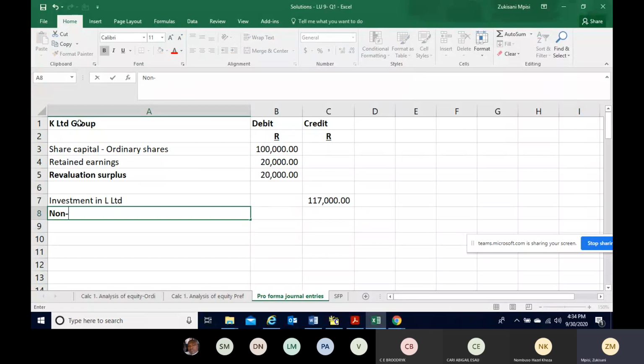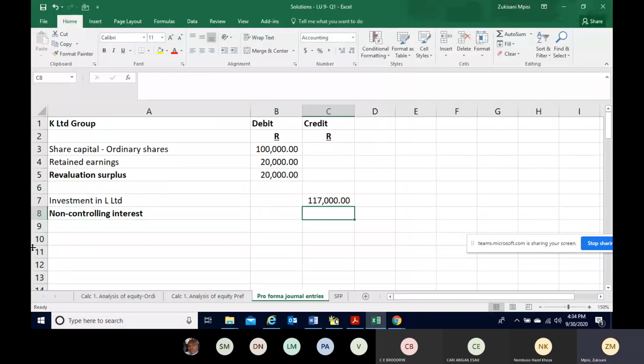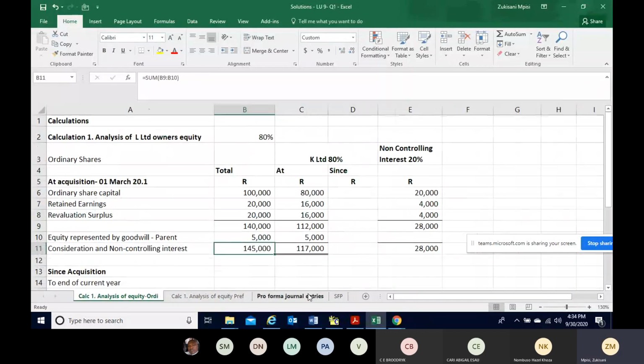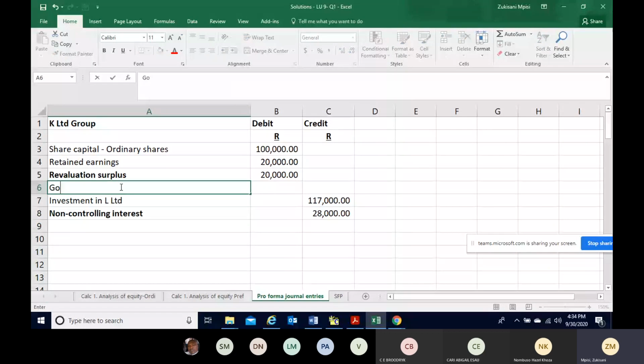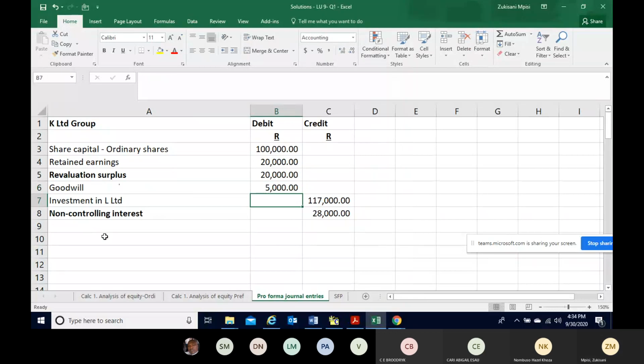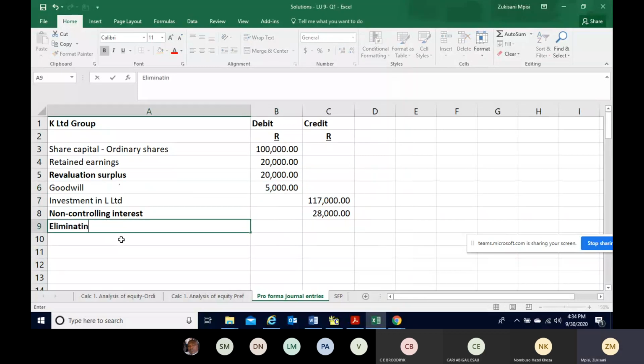We've got non-controlling interest, as we have done the analysis, it's 28,000, and then we've got here goodwill of 5,000.